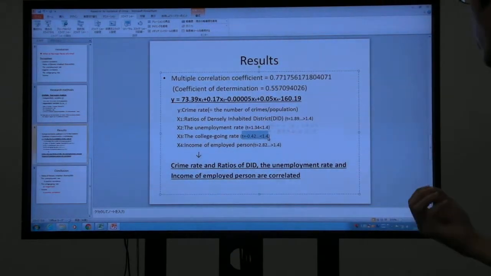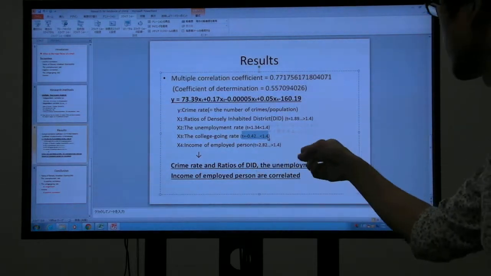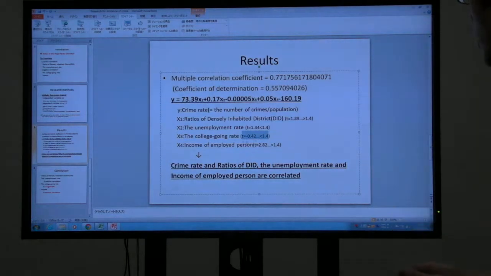So we judged this variable X3, the college-going rate, is not correlated to crime rate.